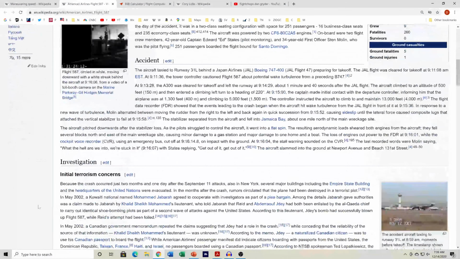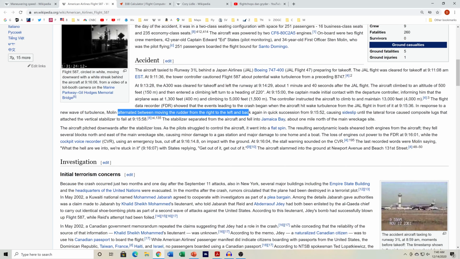So I'm not going to focus on it in particular detail, but what happens is when they got into some of that wake turbulence, what they did was the first officer alternated between moving the rudder from the left or from the right to the left and back again in quick succession.